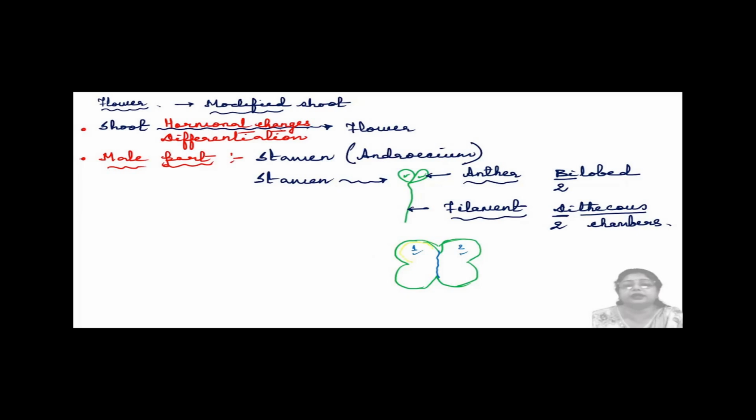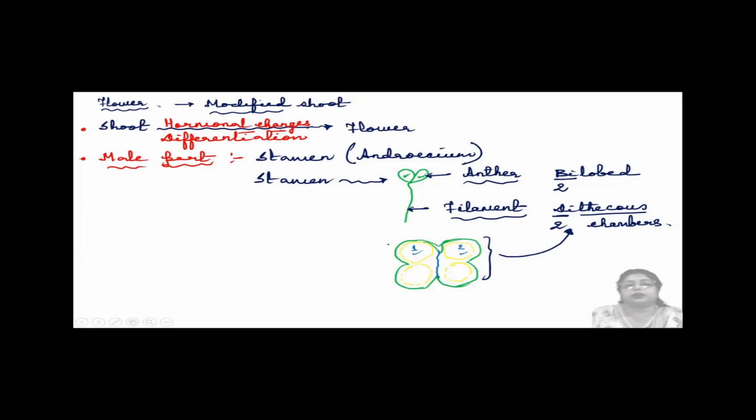This is one theca, this is another theca. So this becomes, as we have stated here, dithecous. This conception makes clear what dithecous is. Now we are going to the next part.